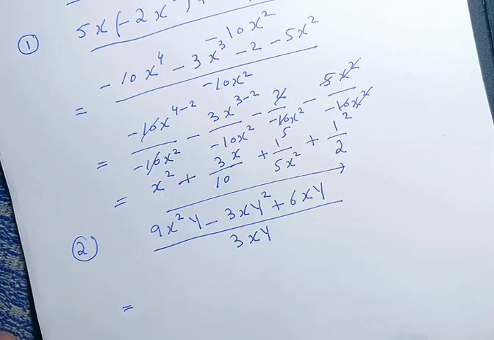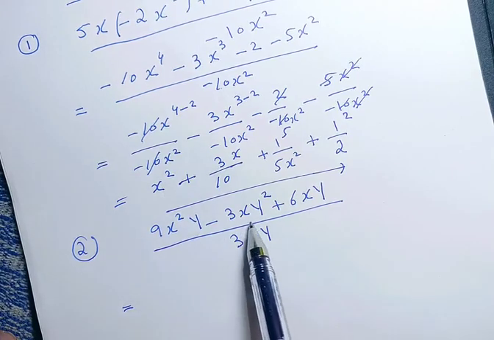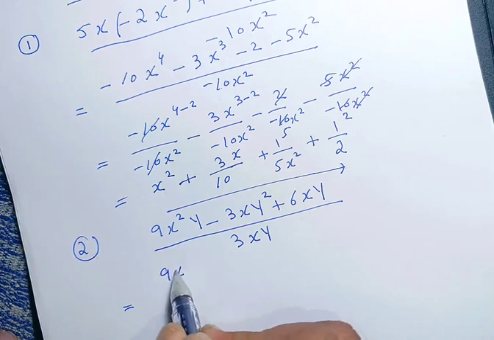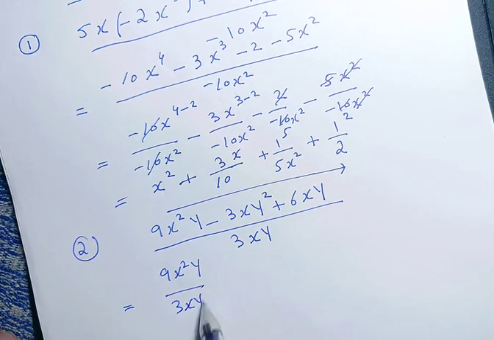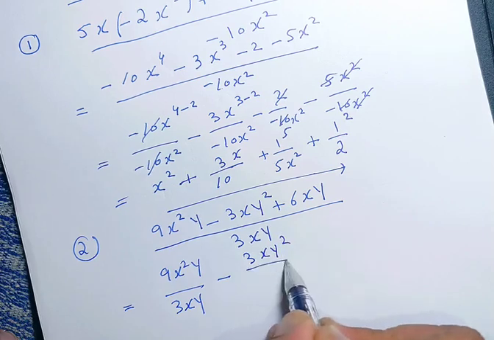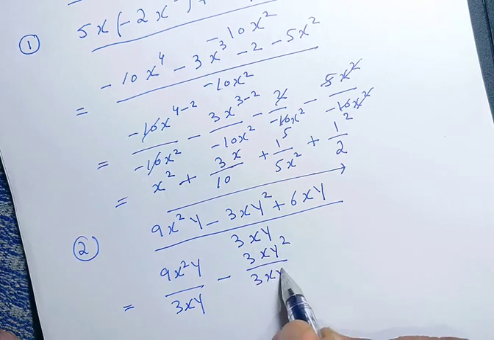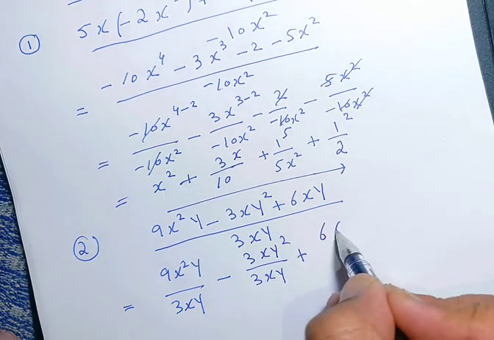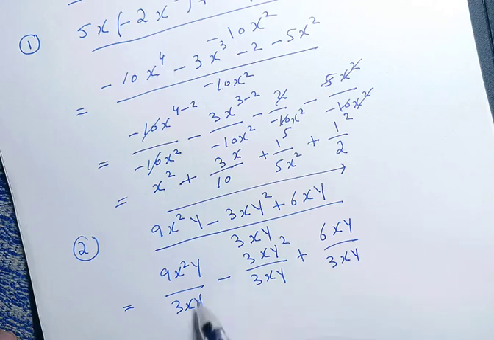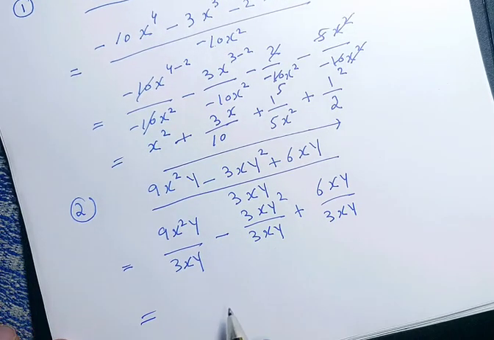This is my second question. 9x square y minus 3xy power 2 plus 6xy over 3xy. Again, 9x power 2y divided by 3xy minus 3xy power 2 divided by 3xy plus 6xy divided by 3xy. I'm going to simplify now.